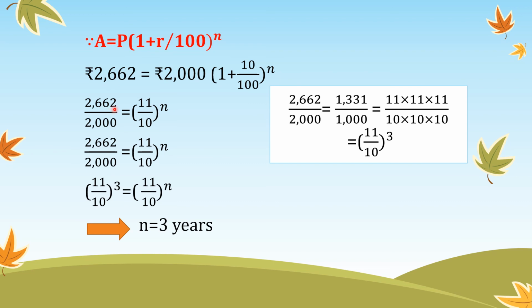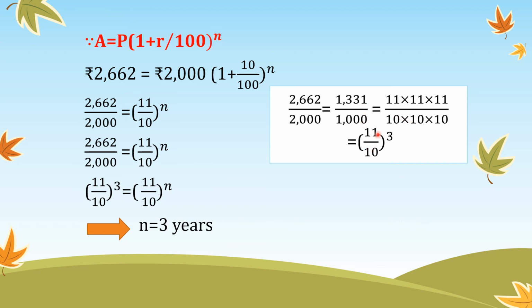Then 2662 divided by 2000 is equal to, after simplifying, 11 by 10 all raised to N. Then 2662 divided by 2000, after calculating, we'll get 1331 divided by 1000. 1331 we rewrite as 11 cube, since 11 cube is 1331, and 1000 we write as 10 cube.